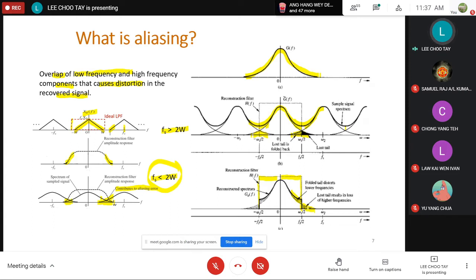The information at the highest frequency over here is lost because you block it with your filter. If you don't block it with your filter and try to recover it up to this point, again you can see the highest frequency component will be much higher than what it was originally. So that was the effect of aliasing error.